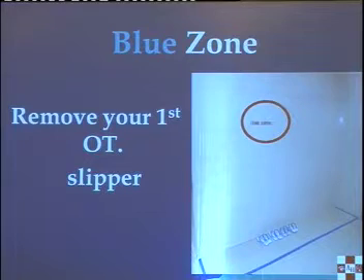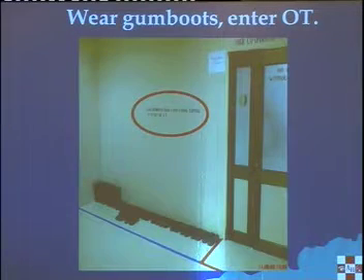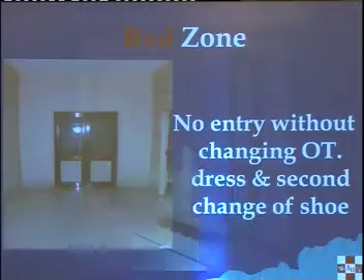From there, you enter into a blue zone, where you put on a second line of slippers. So from the first slipper, you put on the second. Now you are entering what is called a high sterility zone, and we recommend very much that you put on gum boots rather than ordinary slippers. Extremely important.